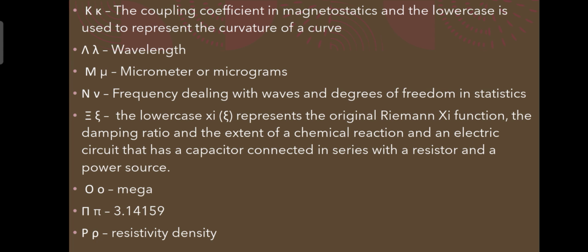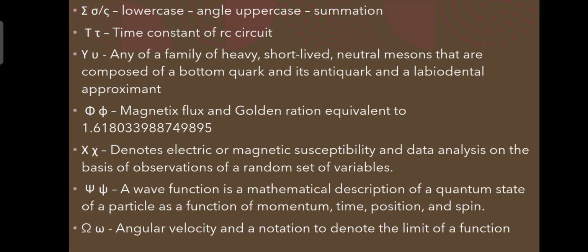Omicron, omega in the SI units. Pi, you know it, 3.14159. Here at rho, we have resistivity in electricity and density in fluid mechanics. Sigma, lowercase is angle and the uppercase is the summation.